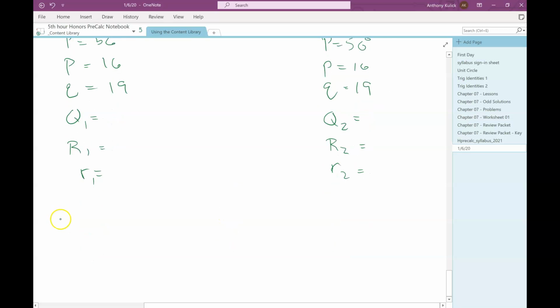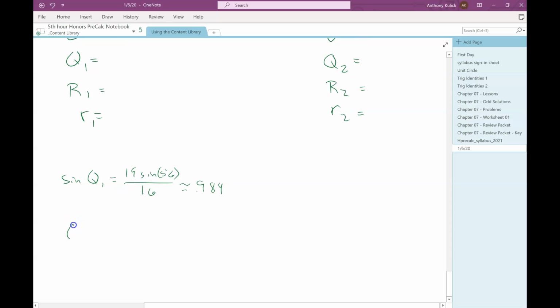So to solve for angle Q1, I'm going to take that information that I had before. And to solve for the angle Q1, then I'm going to take the sine inverse of both sides. And when I type that into my calculator, I get approximately 79.893.